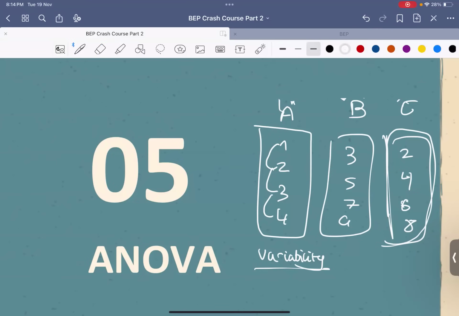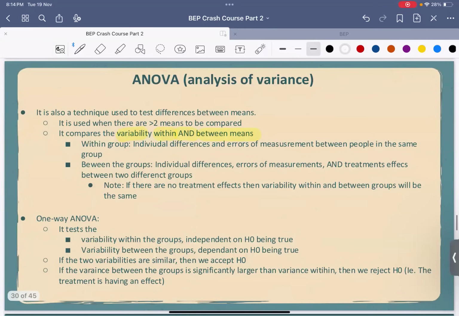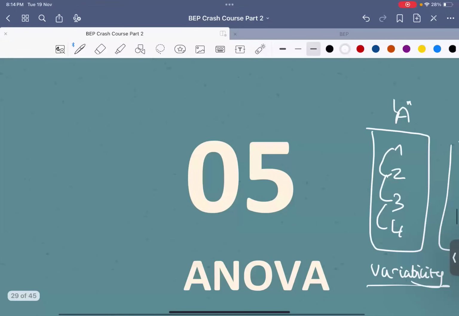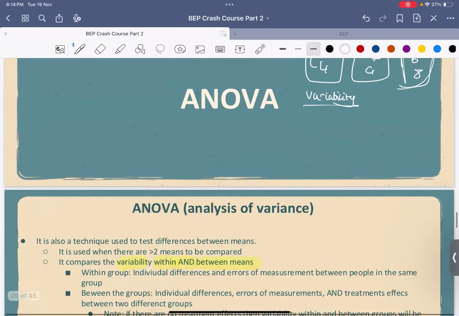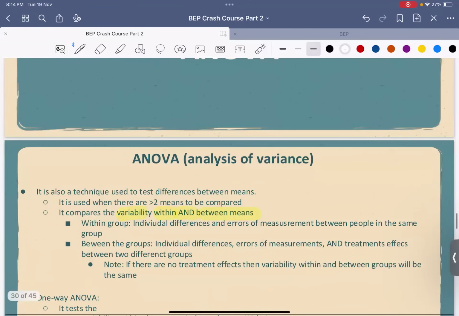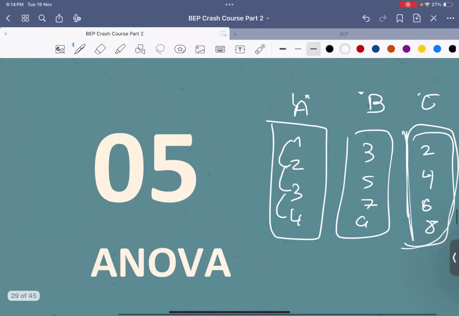So it compares both the variability within the groups and the variability between the groups, and it takes them into consideration. So what's the basic idea? The variability within the group is due to individual differences between the participants, or errors of measurement between people in the same group. For example, one participant's value being 1, another 2, and another 3 might be because there are actual differences between these participants, or because I made an error while calculating.